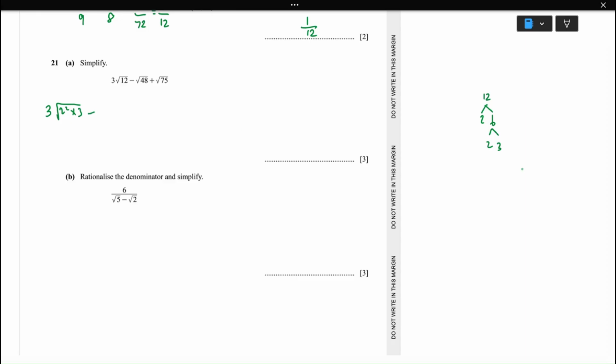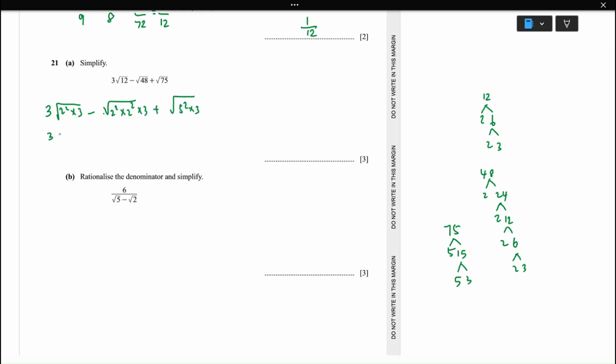Minus, now 48, I'll go for prime factors, which is 2, 24, 2, 12 and 2, 6, then 2 and 3. So this is the square root of 2 square times 3. Plus the square root of 75, which is 5 square times 3.